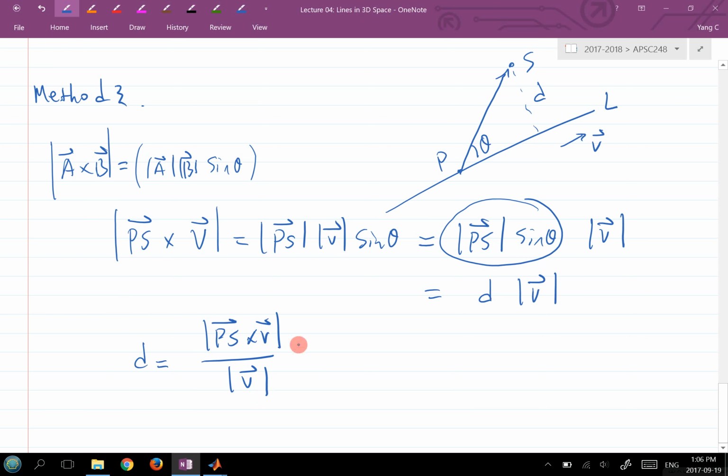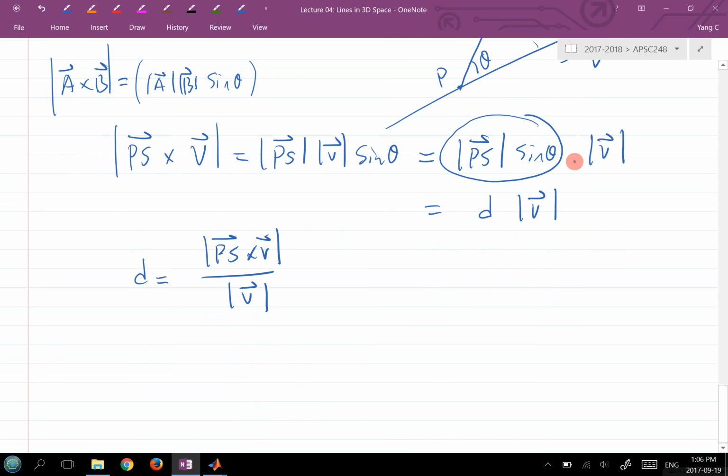Let's do a little bit of calculation. First you need to calculate the cross product. To calculate the cross product, you do have a formula if you remember. The formula is basically the determinant of a 3x3 matrix. IJK is the first row, the second row is your PS vector, the third row is your V vector.